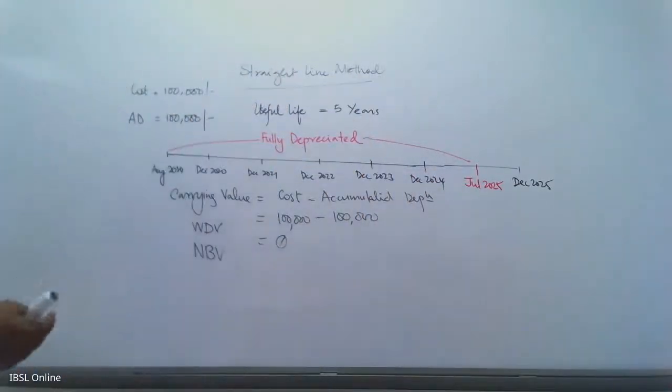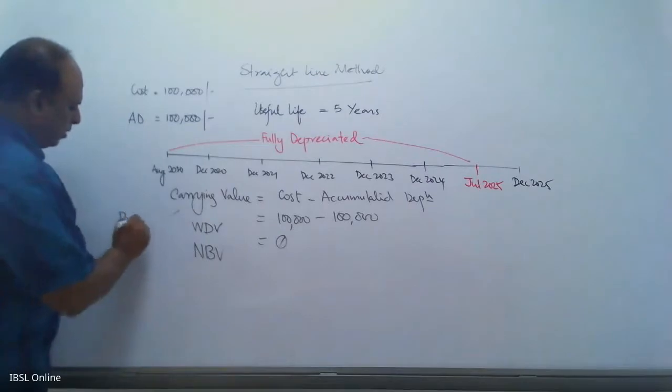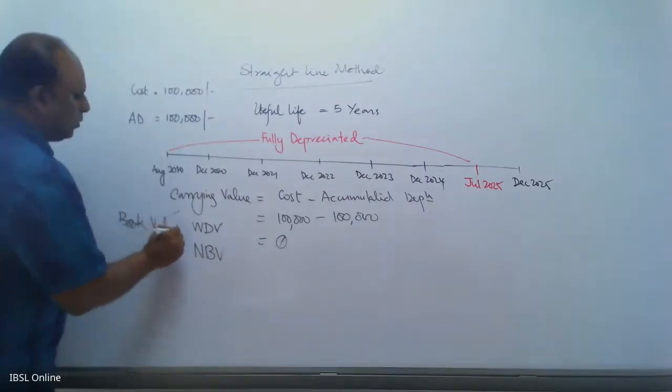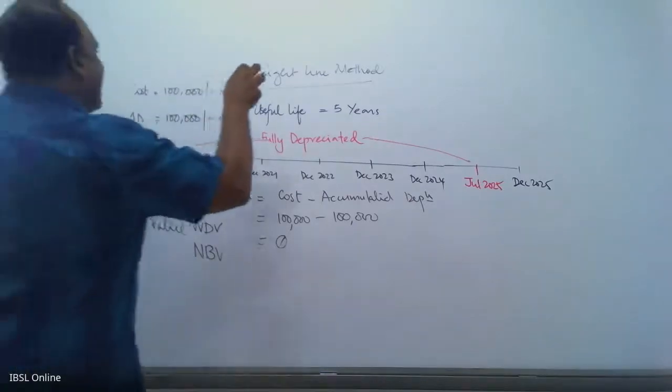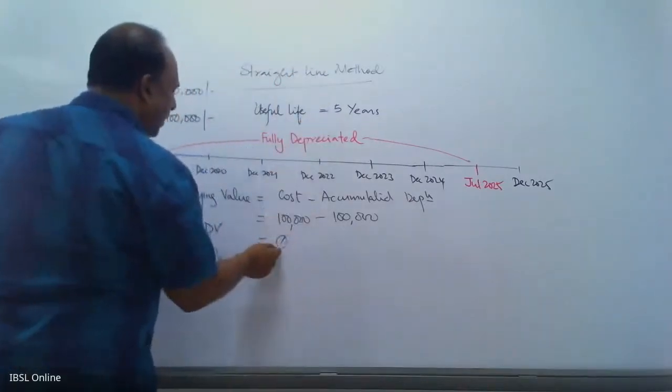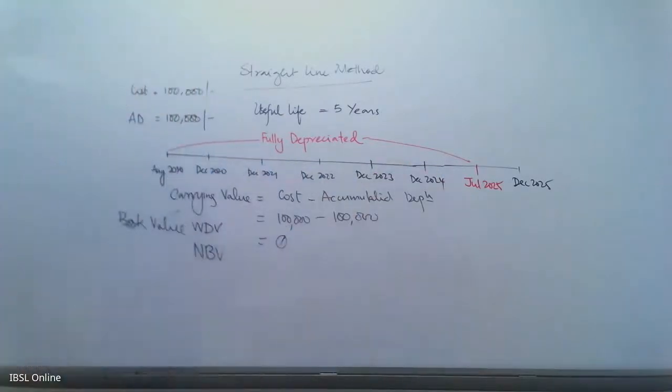Or even you can call it book value. If some exams say book value, that is also same. So if you use a straight line method, it is obvious that you are going to reach 0 by the end of the lifespan.